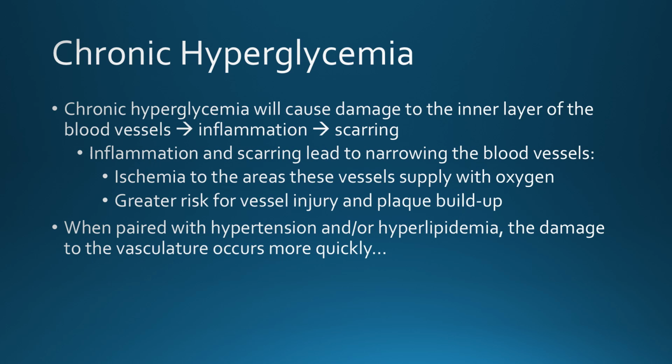And then we see the complications related to that lack of oxygen. So again, when an individual has these changes occurring because of diabetes, but they also have complications like hypertension or high cholesterol, the damage to the vasculature is going to occur more quickly, and their risk for any of those complications is going to increase as a result of that.